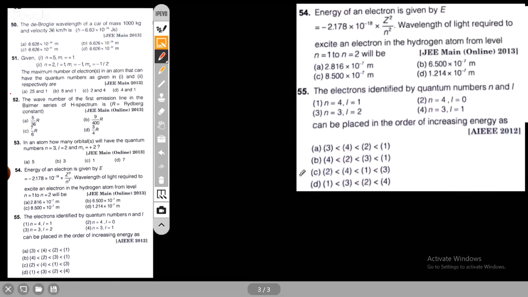For one, it is 5. It's the same question actually. 54 is D.